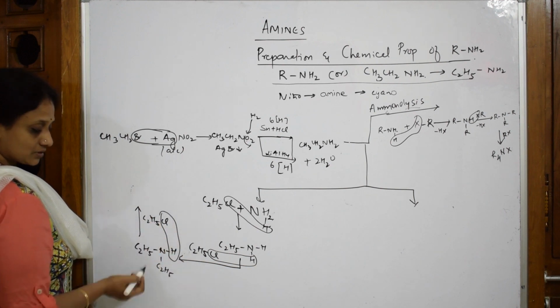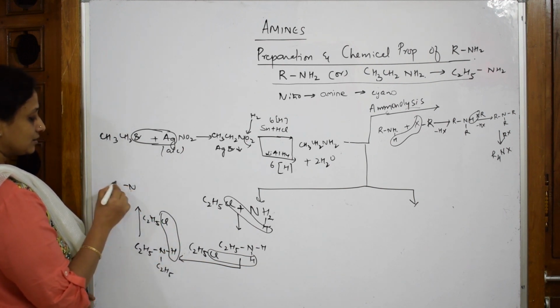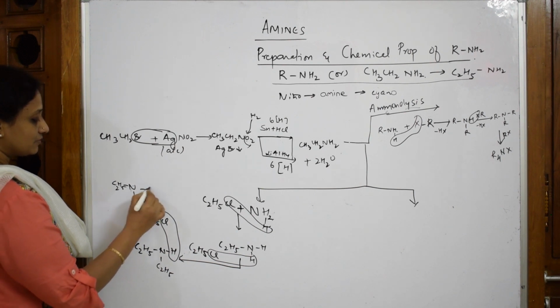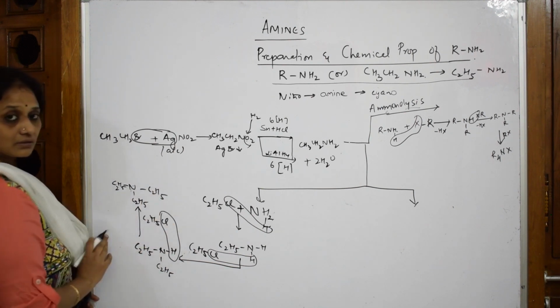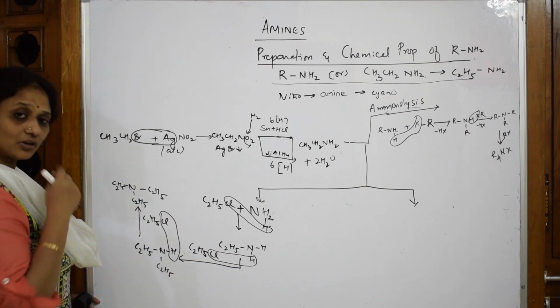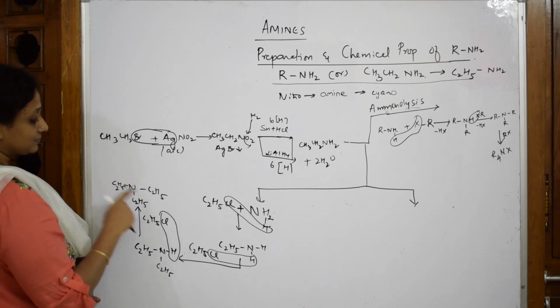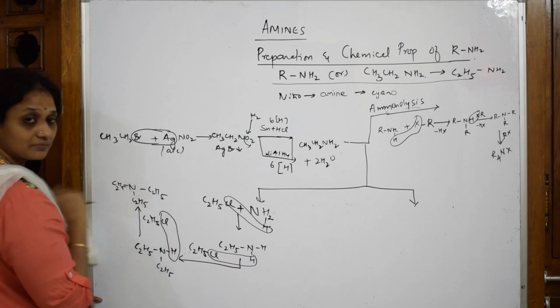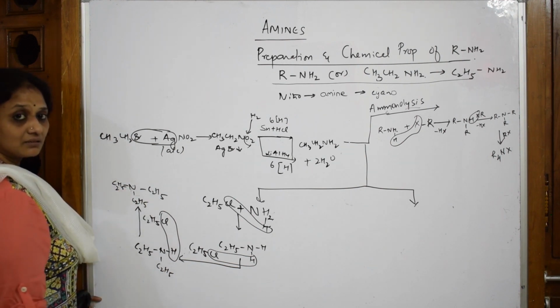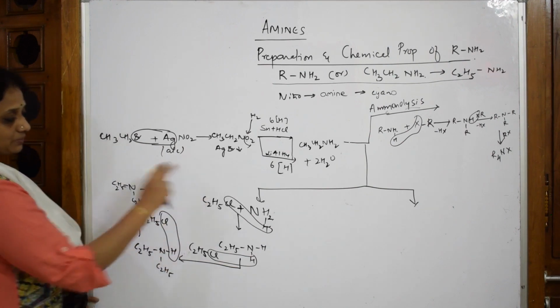HCl comes out and you get N with C2H5, C2H5 and C2H5. Triethylamine, or triethyl ethanamine. 1, 2, 3. Triethylamine. Right? So this is your aminolysis.